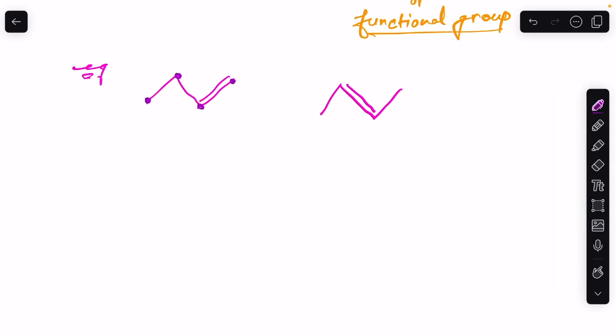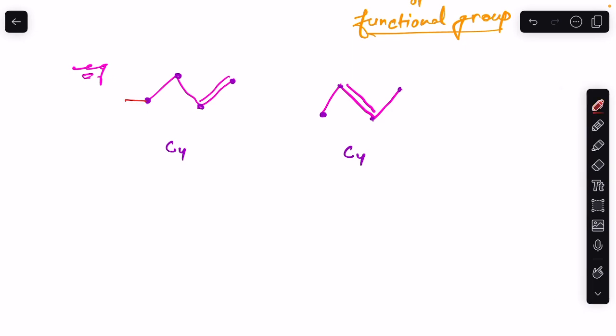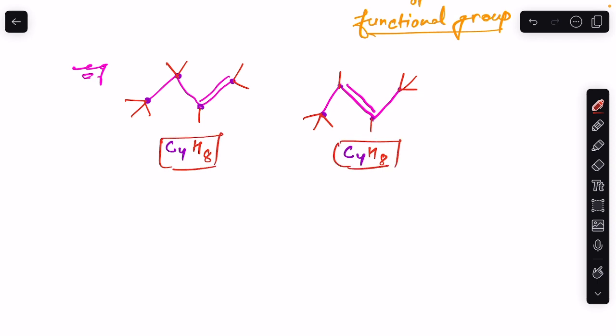There are 4 carbon atoms in the first, and similarly 4 carbon atoms in the second. Let's count the number of hydrogen atoms: 1, 2, 3, 4, 5, 6, 7, 8. C4H8. So the molecular formula is the same, C4H8, in both molecules, whereas the position of the double bond is different.